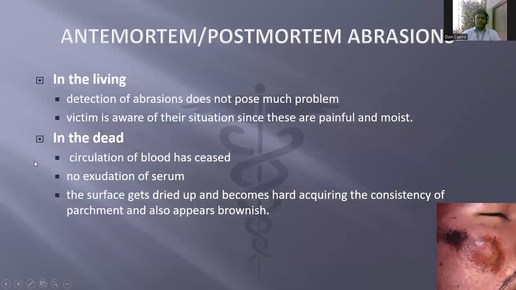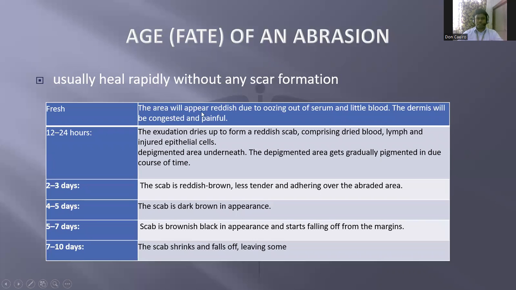So there is the concept of antemortem and post-mortem abrasions. Antemortem abrasions are those formed before the person dies, and post-mortem after the person dies. Antemortem shouldn't be a problem because we'll be able to see all of these various aspects, since the body is living and there is blood flow in the body.